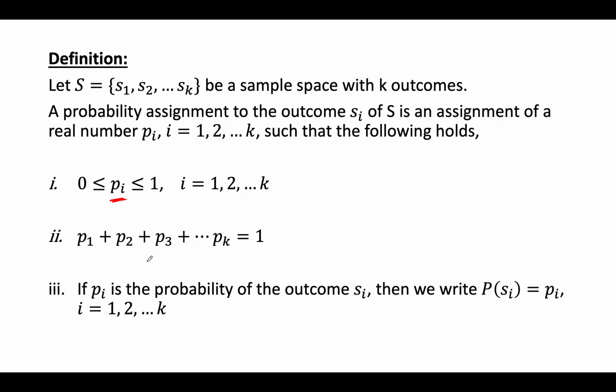Adding those probabilities of the sample points should give me 1 at the end. If Pi is the probability of outcome Si, then we write P(Si) is equal to Pi.